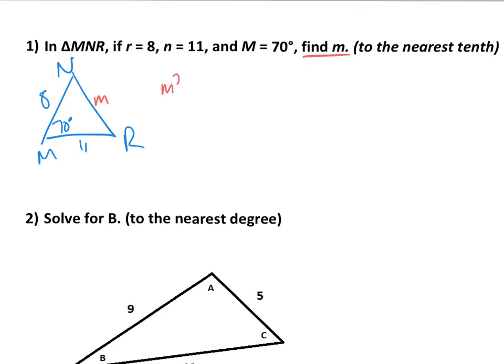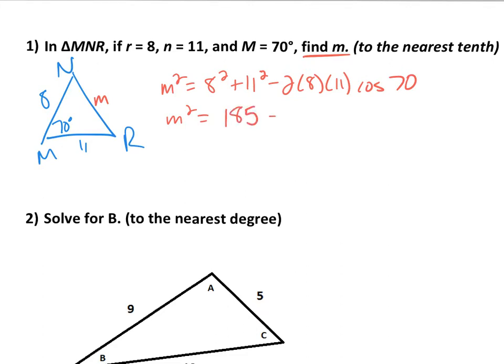So we're going to have M squared equals 8 squared plus 11 squared minus 2 times 8 times 11 cosine 70. Whatever side we start with, the cosine of that angle is on the opposite end of the law of cosines. So we're going to have m squared equals, and then we can do 8 squared plus 11 squared, and we can combine those right now, but we don't want to do the further subtraction on that next step yet.